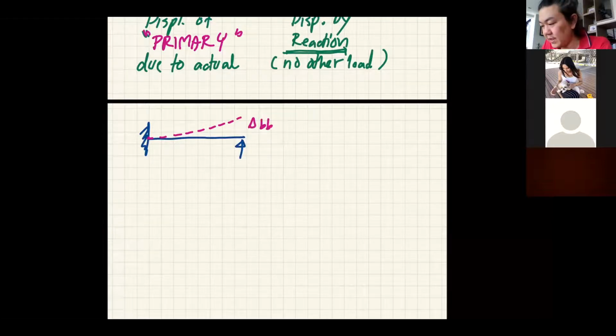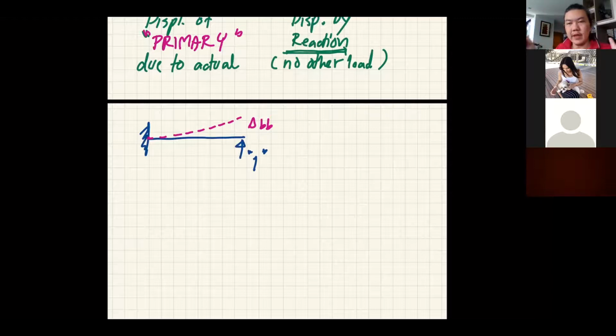Notice that I use the lowercase b and two of them because if there is more than one degree of redundancy, it gets more complicated, okay? Anyway, since you don't know what this reaction is, sometimes we just use a unit load, because it will be much more convenient for many people to look at this as a unit load.